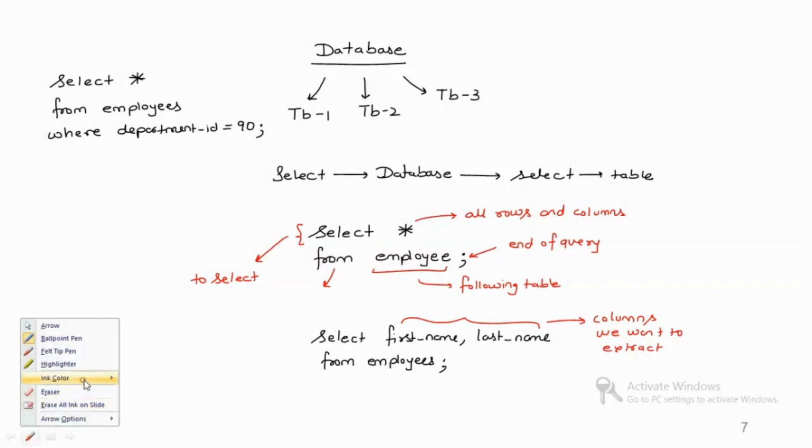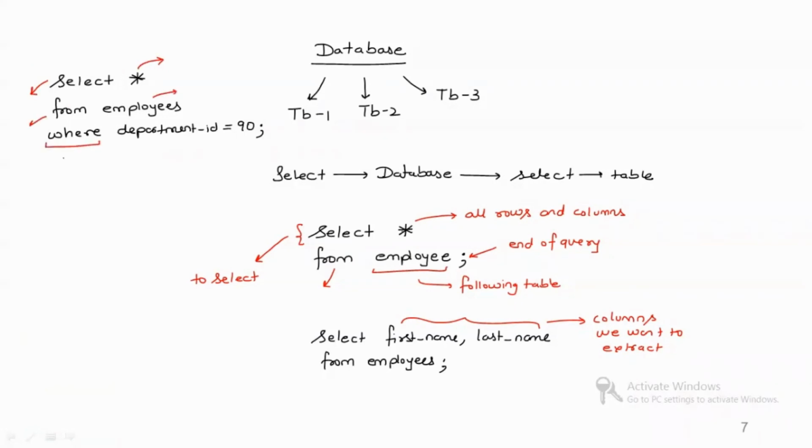So this is again very simple. I'm saying select all the rows and columns from the following table where, this is basically the clause that we use to declare the condition, and this is my condition.